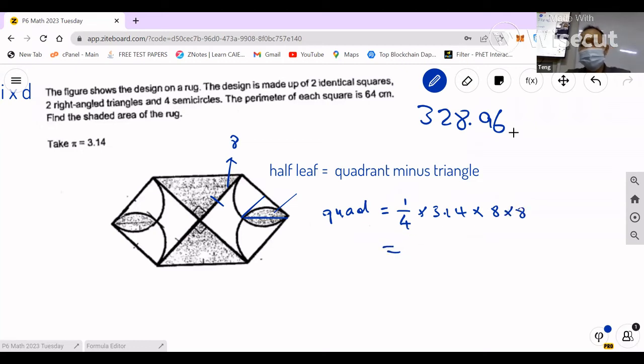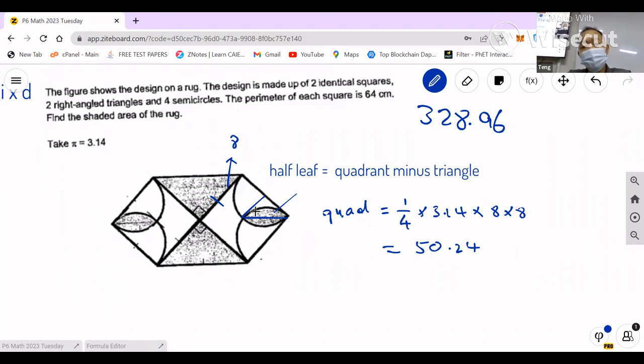So let's write that down. 50.24. Now the good thing about these problem sums is that if you got part of the working, you also get marks. You won't get 0. So remember to write your explanation for what you're doing. So quadrant is 50.24. Now what about the triangle?